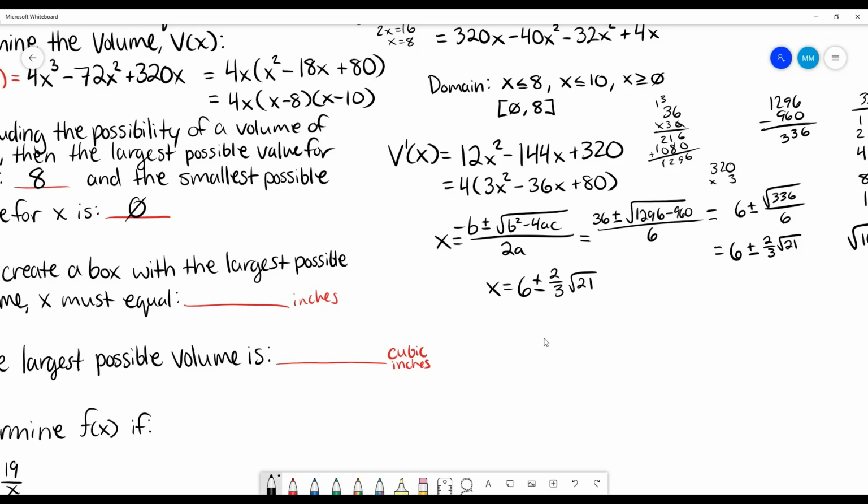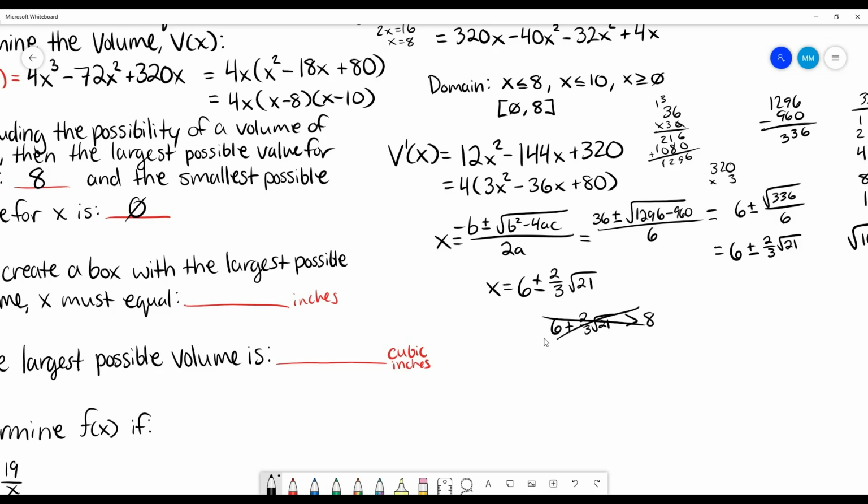I am going to pull out the calculator for this just because I'm not great with radicals like that. All right. The 6 plus 2/3 times the square root of 21 is greater than 8. It's a little over 10 actually. So it is outside of our domain.